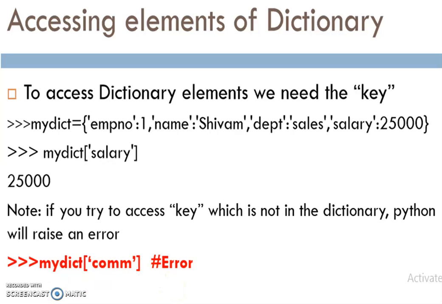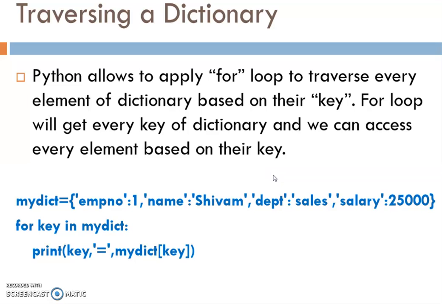Next, traversing a dictionary. Python allows us to apply a for loop to traverse every element of a dictionary based on its key. The for loop will get every key of the dictionary and we can access every element based on its key, just like tuples and strings.